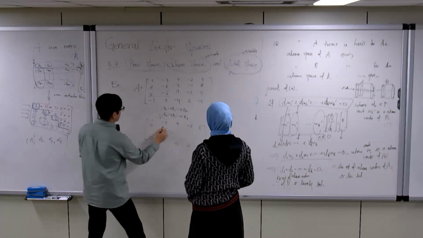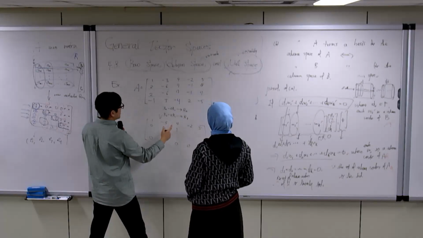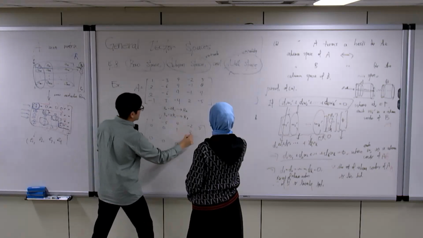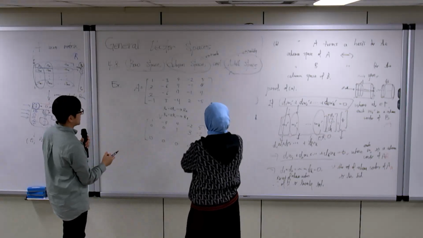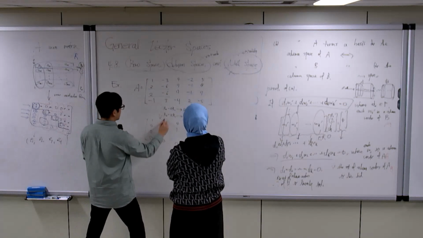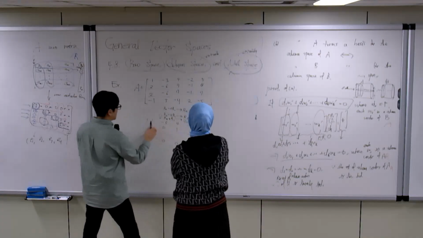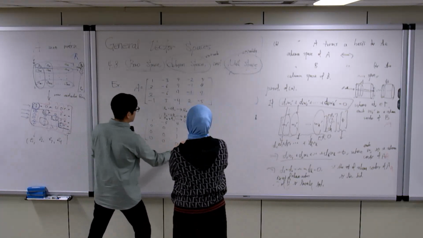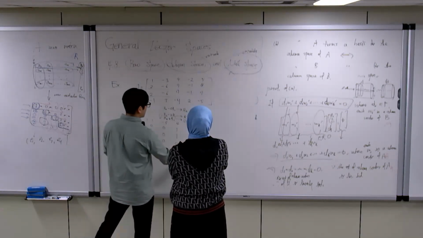Then it will give 1 and 4, 3, minus 10, minus 2, the rest. And the third row will be 0, 0, 1, 3 is the same, and minus 1.